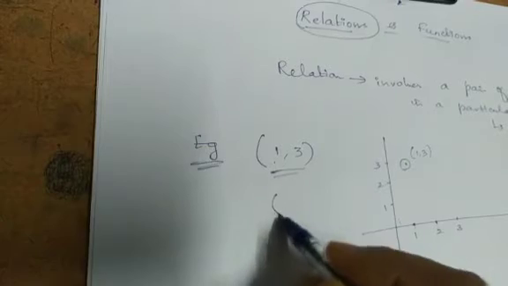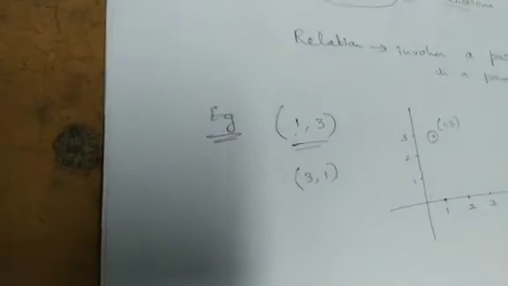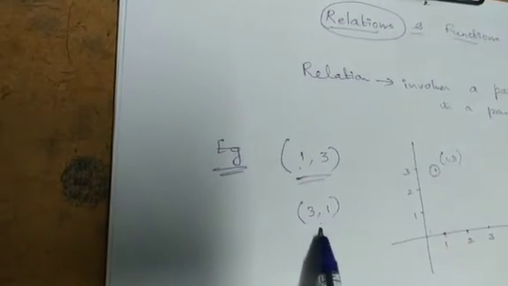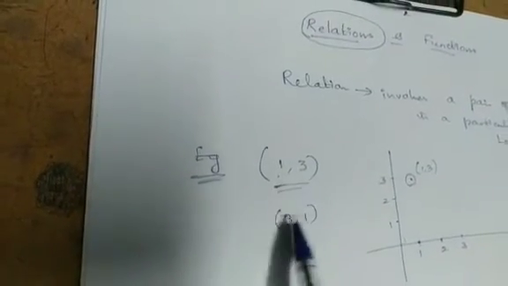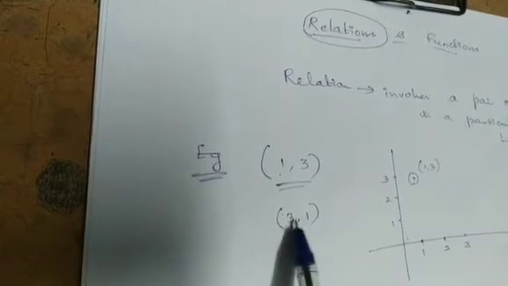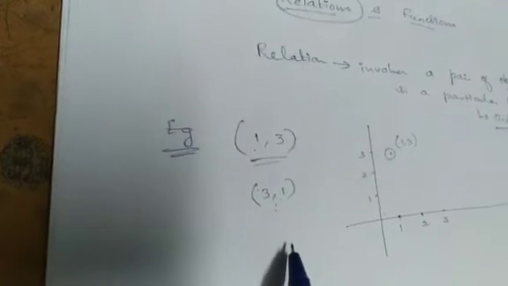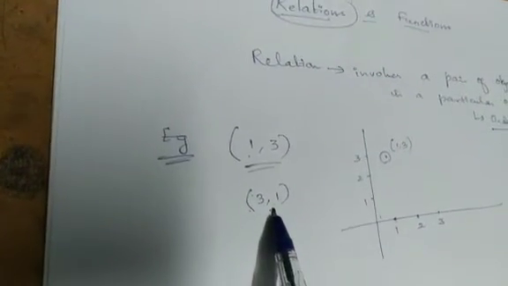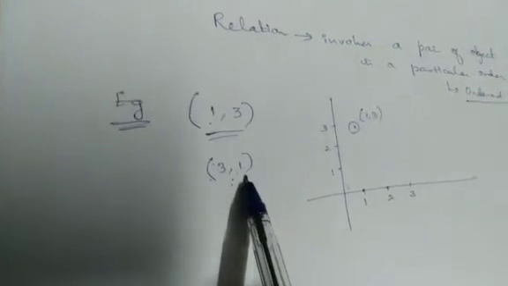Similarly, I am going to plot another point (3, 1). Are these two points the same? No. The numbers are the same, but their positions are not the same. For (3, 1), the x coordinate is 3 and the y coordinate is 1.